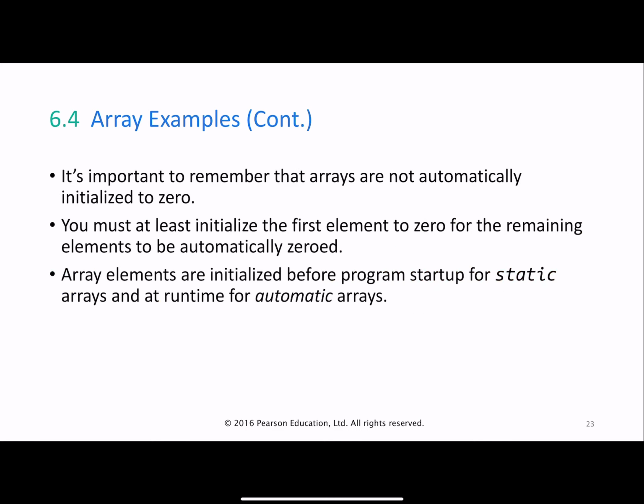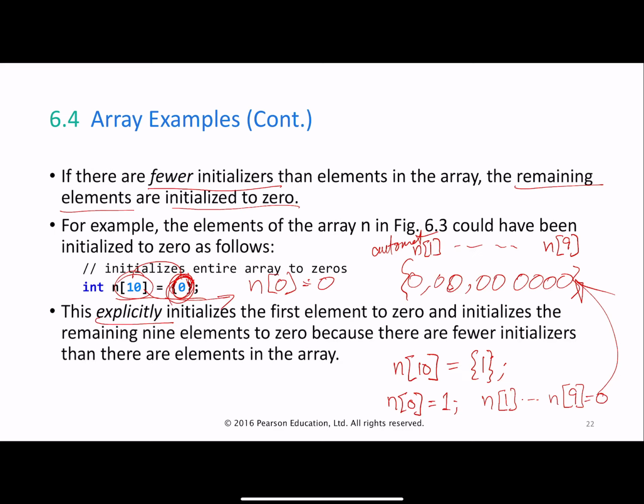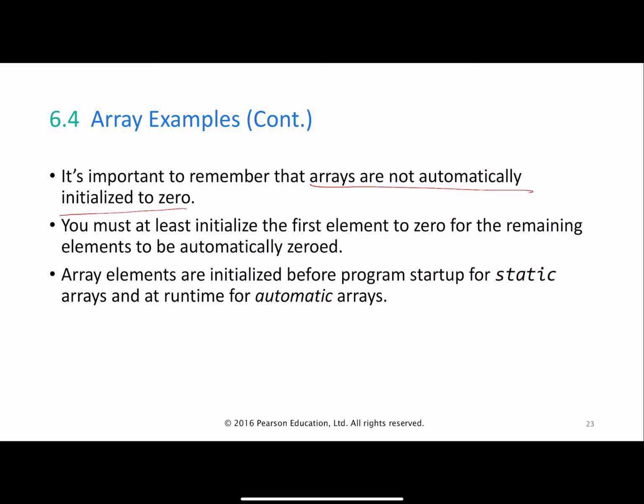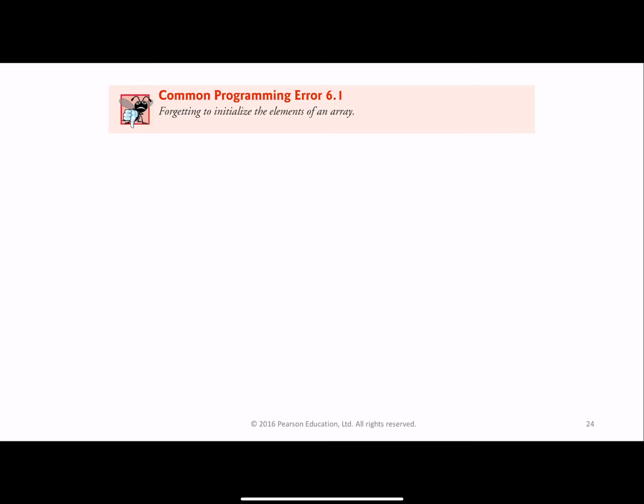But if you don't do that, arrays are not automatically initialized to 0. You have to do that one way or another, using a for loop or using the array initializer like this. So if you set at least the first element to 0, the remaining ones will be automatically set to 0. A frequent mistake, a common programming error, is forgetting to initialize elements of an array and just assuming they're set to something.